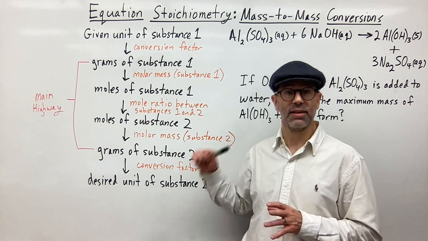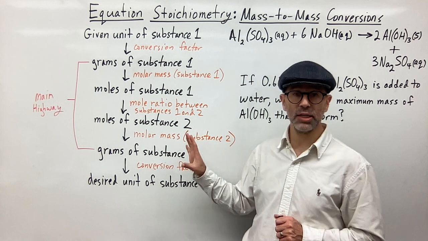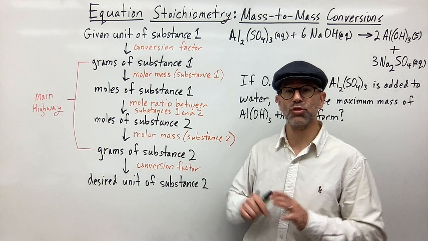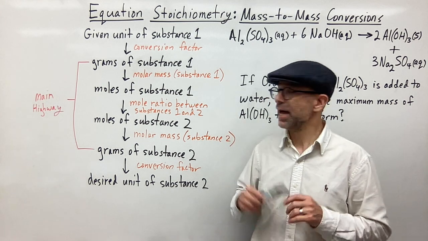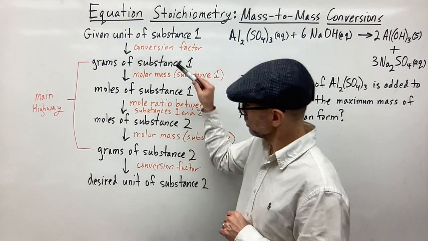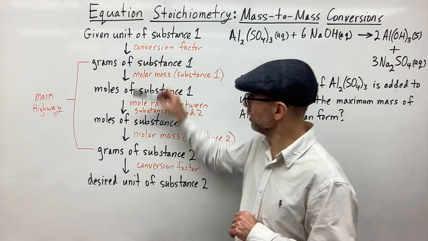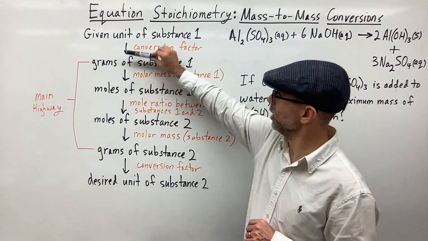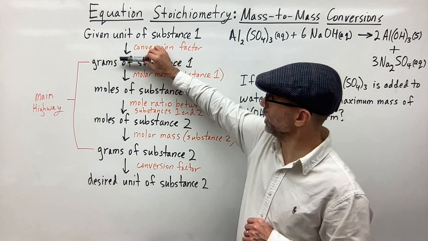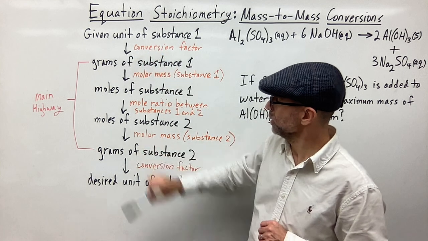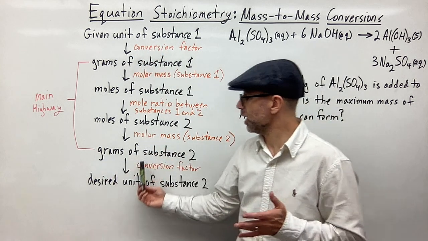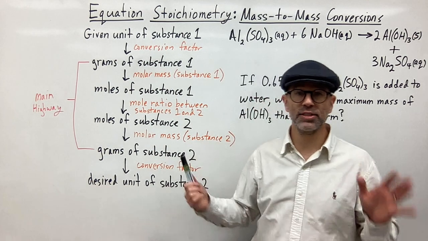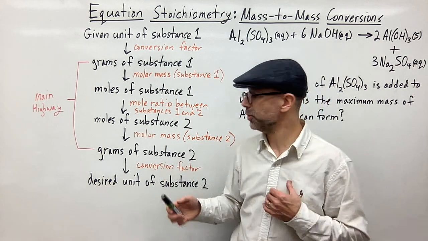And that's it. This is pretty much the roadmap that you're going to use for many stoichiometry problems. And I'll even say this. The main highway is going to be this one right here, converting grams to grams, right? Because when you've got grams, you can convert that to whatever desired unit you want. It depends on the problem.